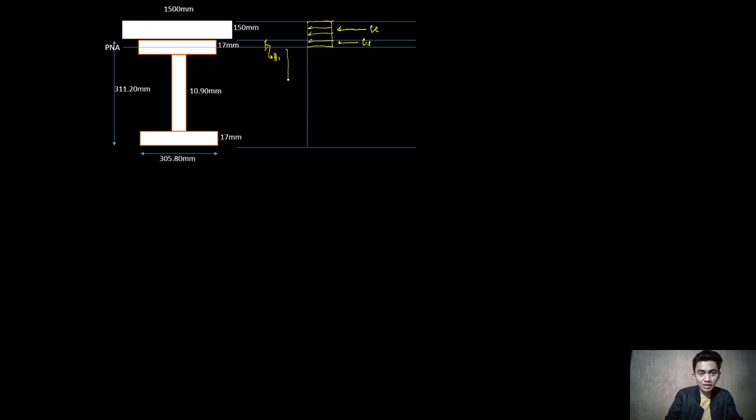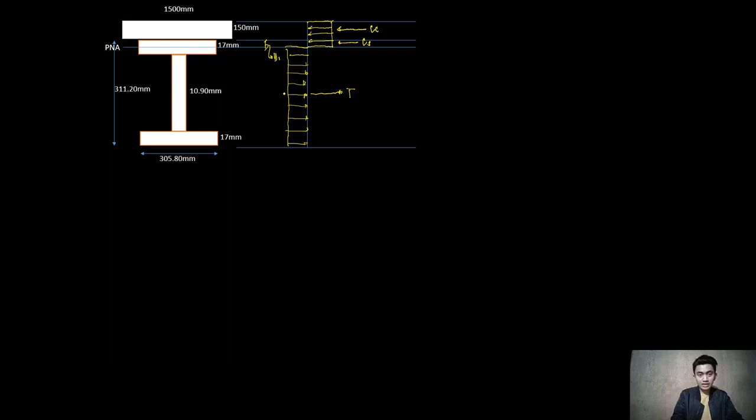And then at this part of our diagram, we will have tensile stress due to the steel section. Now, we need to determine the value of y sub 1.